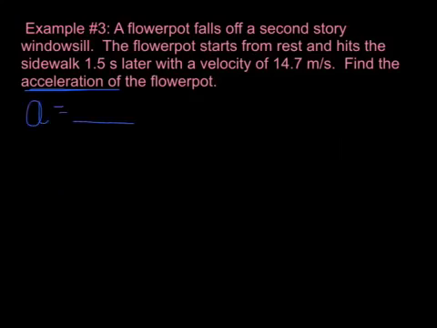Let's go through and identify our numbers. First number we get to, it says 1.5 seconds. Seconds is clearly a time. Then it says a velocity of 14.7 meters per second.